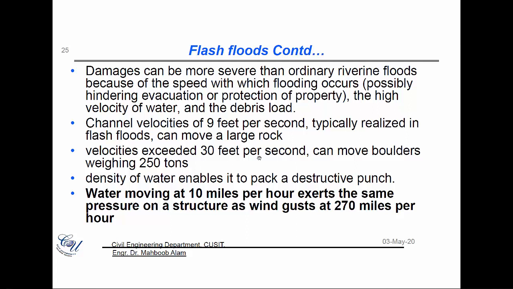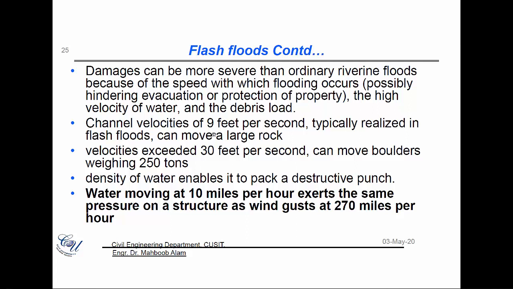In case of flash floods in urban areas, the damages are usually quite severe because important infrastructure is affected by it, and also the force of a flash flood is usually very high.